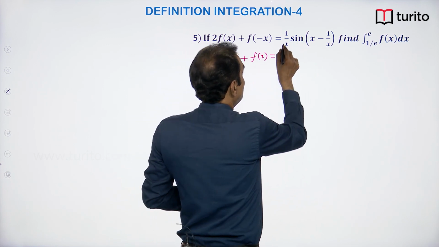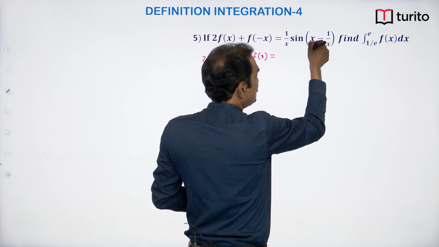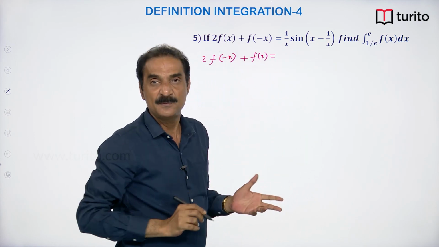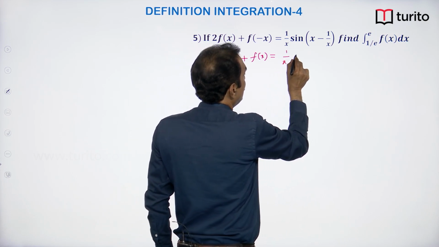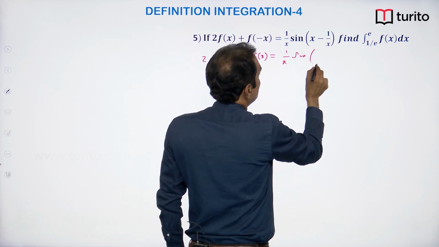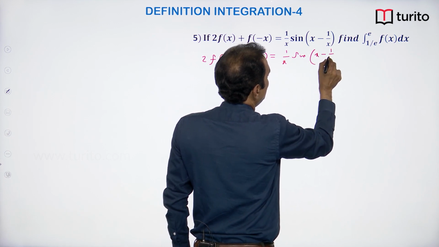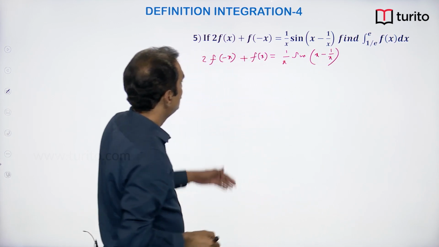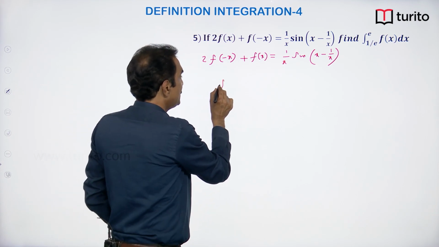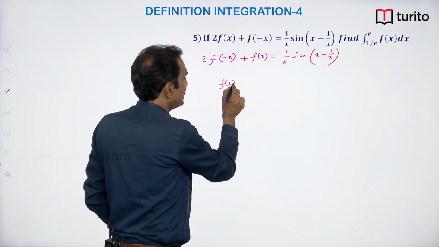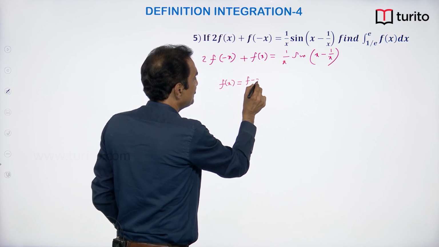Here minus sign will come, here also minus sign will come, minus and minus will multiply to plus. You will get 1 by x into sine of x minus 1 by x. So now by direct subtraction, you will get f of x is equal to f of minus x.